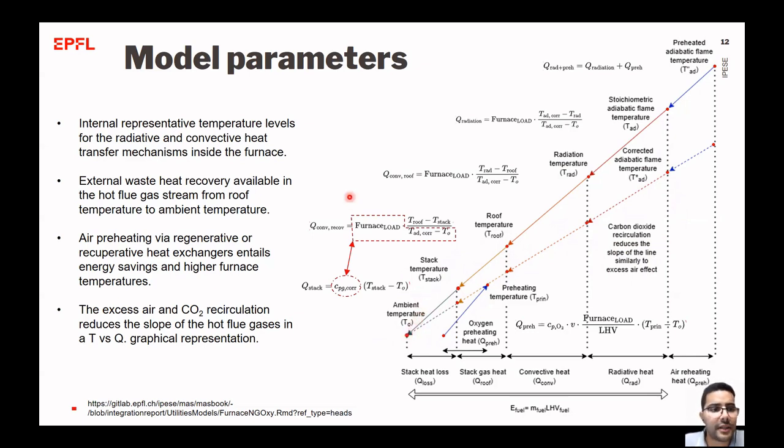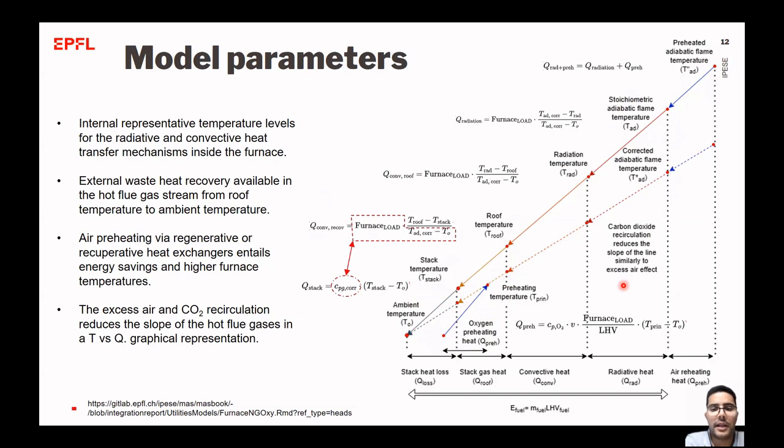It's also interesting to see that all of the external waste heat that is available can be either used for preheating the load that goes into the combustion chamber, but it's better if we use it to preheat the combustion air. This is because all of the energy that is recovered by preheating the combustion air can be pumped up above the adiabatic temperature flame, as it can be seen here.